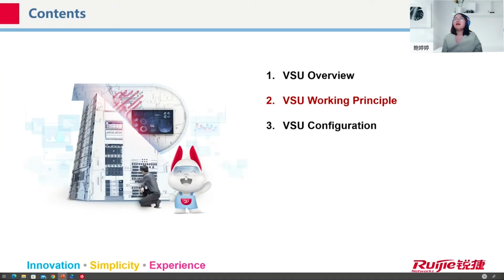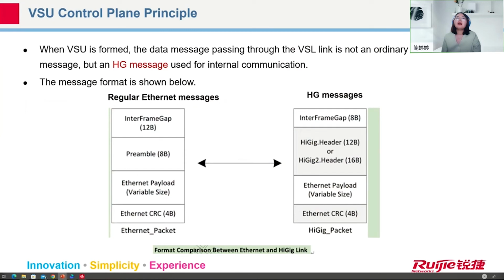This is the basic concept of the VSU. And the second part, let's see some basic principles of the VSU, how it forwards traffic, and some key configuration. About the control plane, within the VSU we will use a special message to forward traffic.